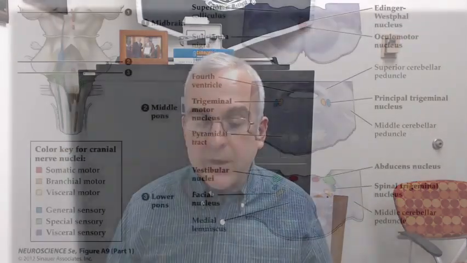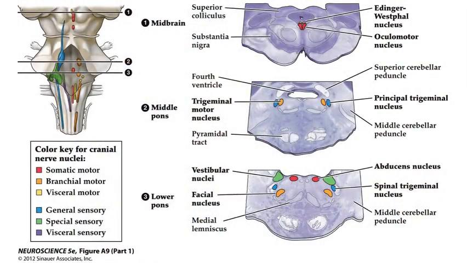neuroexam.com. Okay, finally, we are ready to actually look into the brainstem and find these cranial nerve nuclei. So we can do that by looking at some cross-sections, and the figure in front of you here shows cross-sections through various levels of the brainstem, beginning at the top of the brainstem with the midbrain. So in a section through the midbrain, we should be thinking about, okay, what are the nerves that connect to the midbrain again?